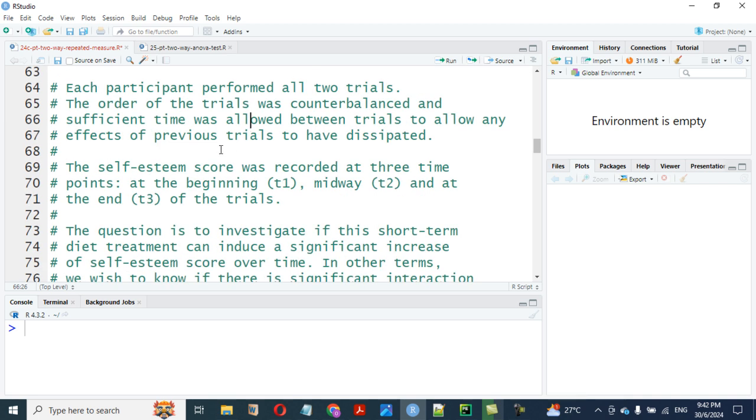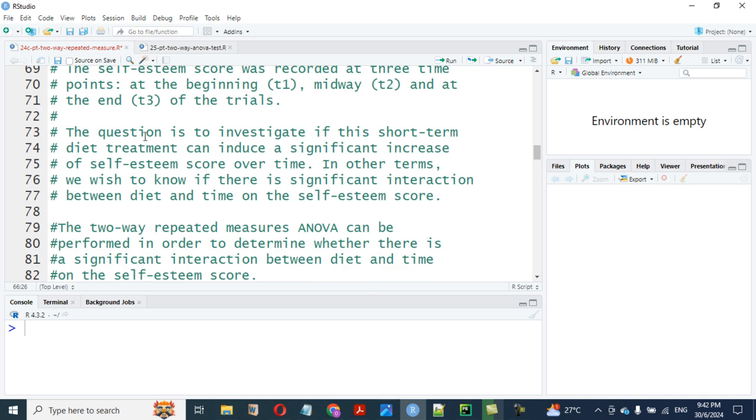All right. Now, the question is to investigate if this short-term diet treatment can induce a significant increase of self-esteem score over time. In other terms, we wish to know if there is a significant interaction between diet and time on the self-esteem score. Simple. Don't forget, the other time we had time and self-esteem score.